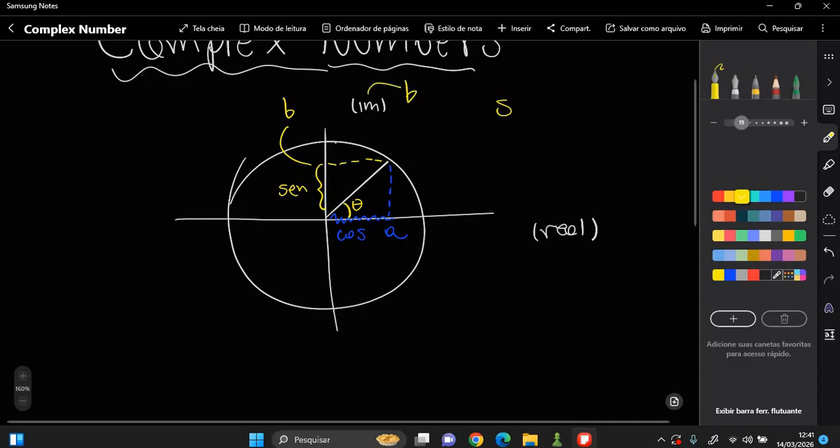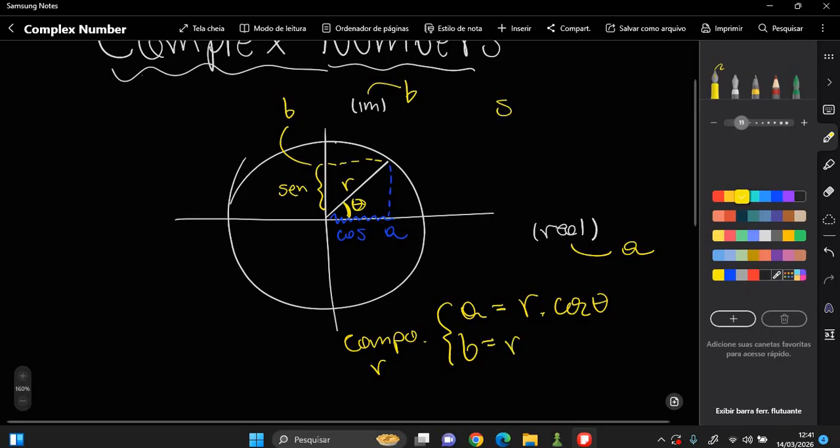So for the real we have a, and for the imaginary we have b. So this is what we are doing: r, which is the vector, times the cosine of theta, and for b, those are components of the vector r, which we are decomposing based on this angle, r times sine of theta.